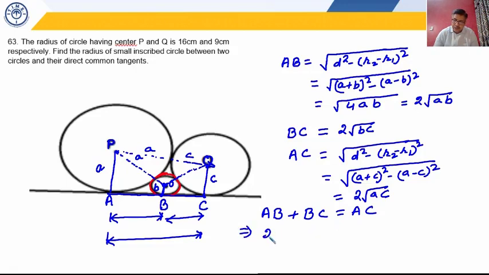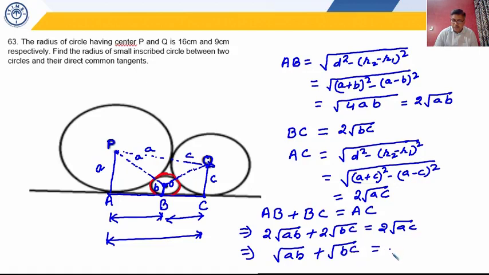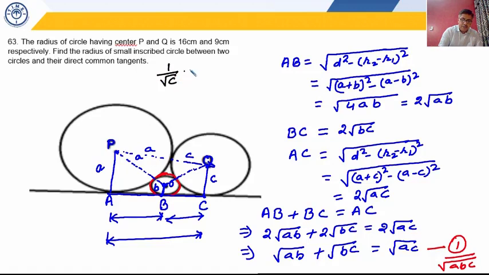So 2 under root ab plus 2 under root bc is equal to 2 under root ac. The 2 cancels, so under root ab plus under root bc equals under root ac. If we divide this equation by under root abc, it looks like 1 by under root c plus 1 by under root a is equal to 1 by under root b.